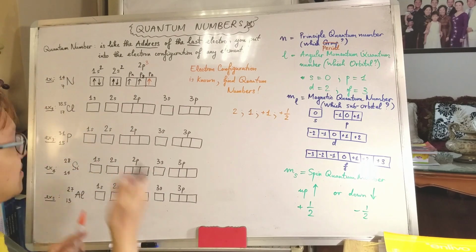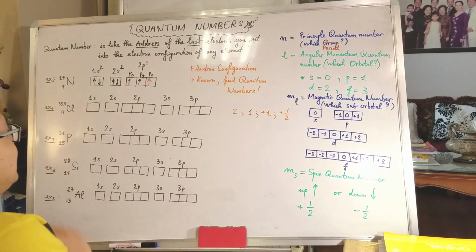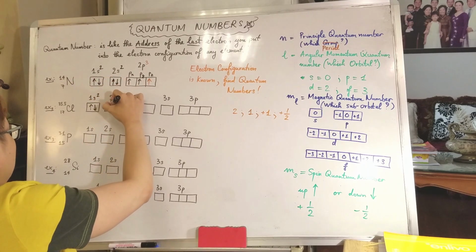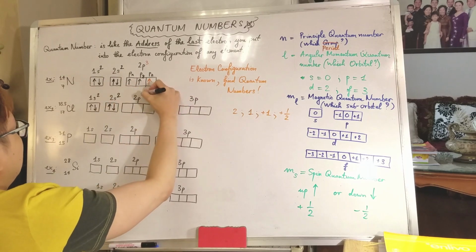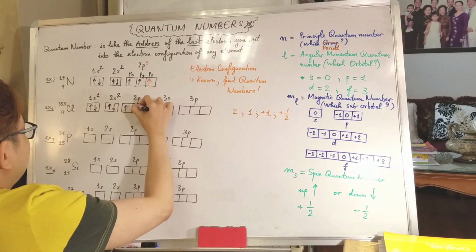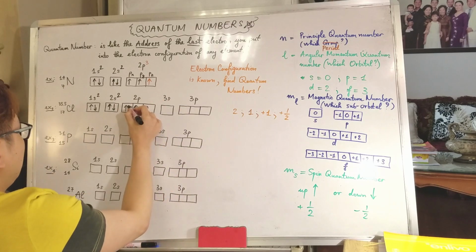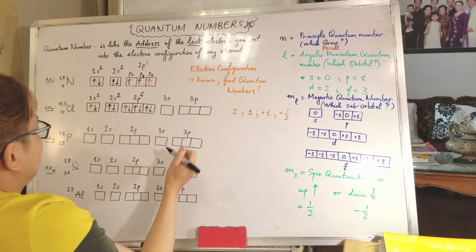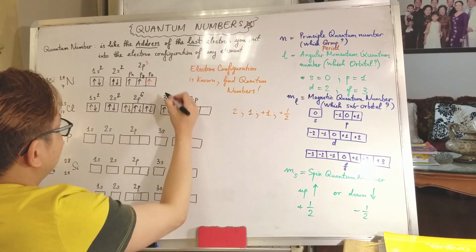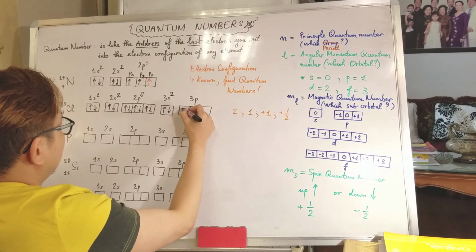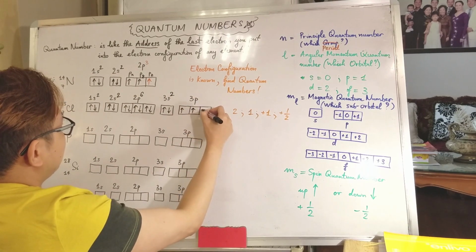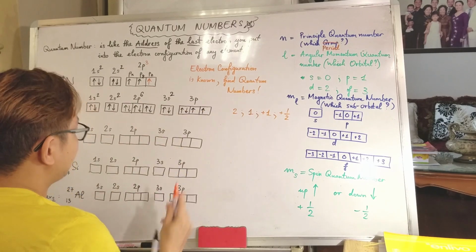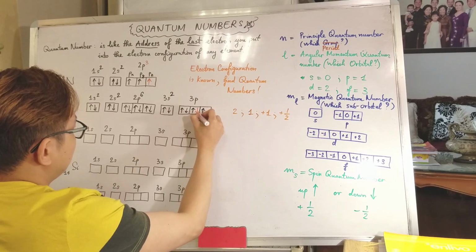Okay, let's try some more examples. Chlorine 17. So 1, 2, 3, 4, 5, 6, 7, 8, 9, 10. So 6 of them, okay. 11, 12, 13, 14, 15. You see, half fill first, 15, 16, and this one is the last electron you put in there, 17, this one.